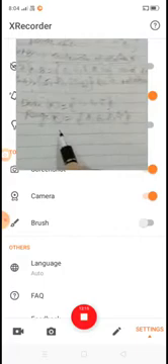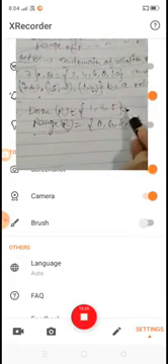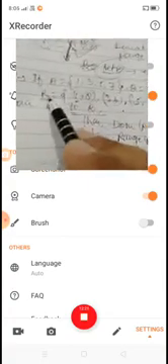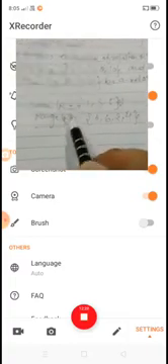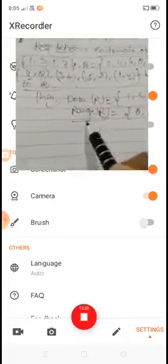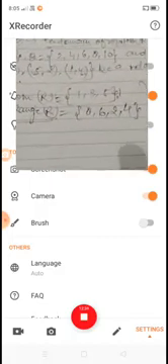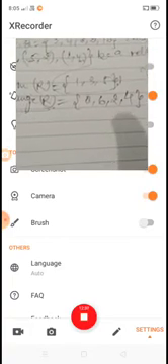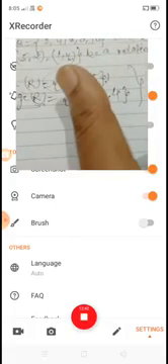This is the range of R, and this is the domain of R. The set of all first components is the domain, and the set of all second components is the range of R. Yes, in this way we have to find the domain and range.